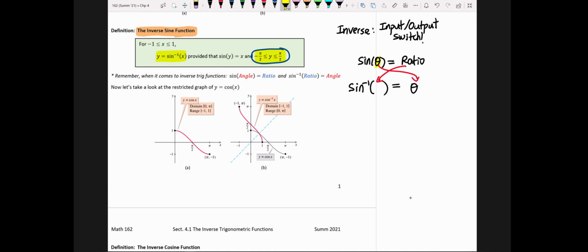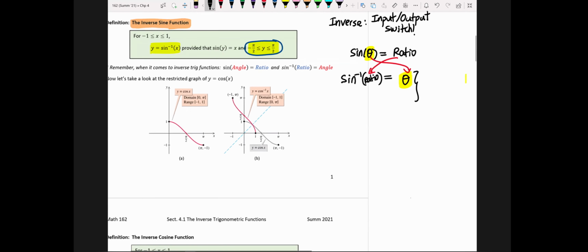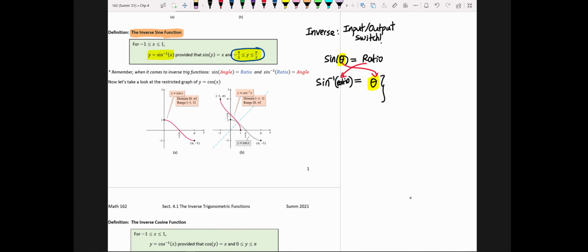Okay. Ratio comes inside, angle goes outside. But make note that when you do the switch, because sine isn't a one-to-one function, there's now a restriction for the angle, that the angle must be between negative pi over 2 and pi over 2.